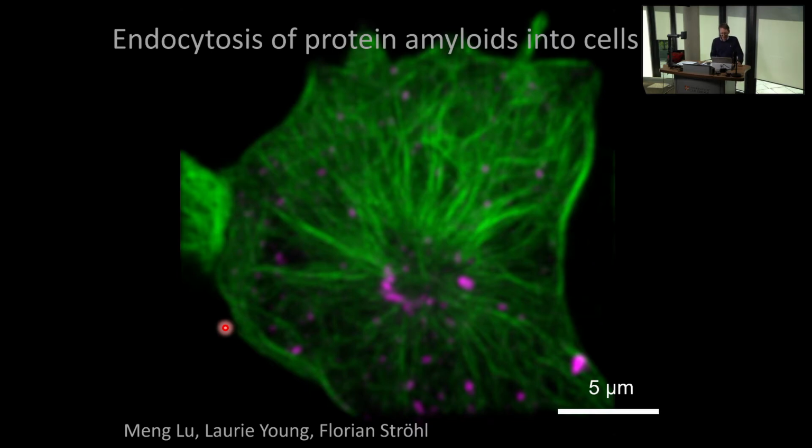You can see on this image a cell, and the green bits in there are so-called microtubules, which are essentially used by the cell to transport molecules along. The pink bits on there are amyloid proteins that cause disease. And the cell's clearly taking those up. You incubate the cells with these, the cells take them up and they go inside the cell.